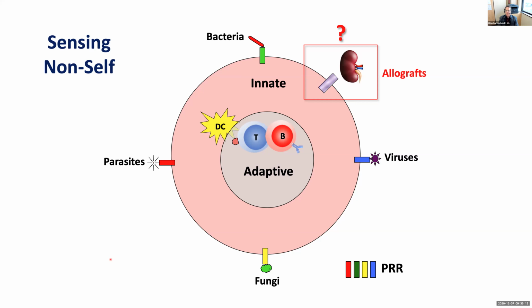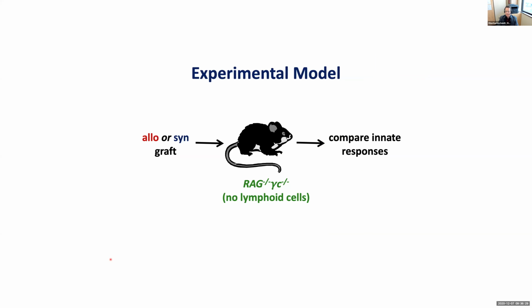One of the hypotheses was that it is just microbial contamination along with the transplant procedure, or just the release of danger signals that cause the innate immune system to get activated. So we designed a very simple experiment that would allow us to test this hypothesis: if it is just microbial contamination or danger signals, then comparing the innate immune responses against allo or syn grafts should be identical.